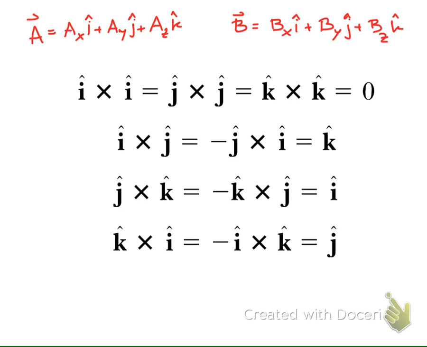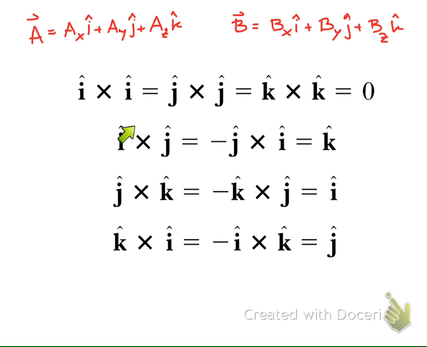And from this representation, we can get the formula to calculate the vector product or cross product quite easily. But first, we have to discuss the identities of the cross product.